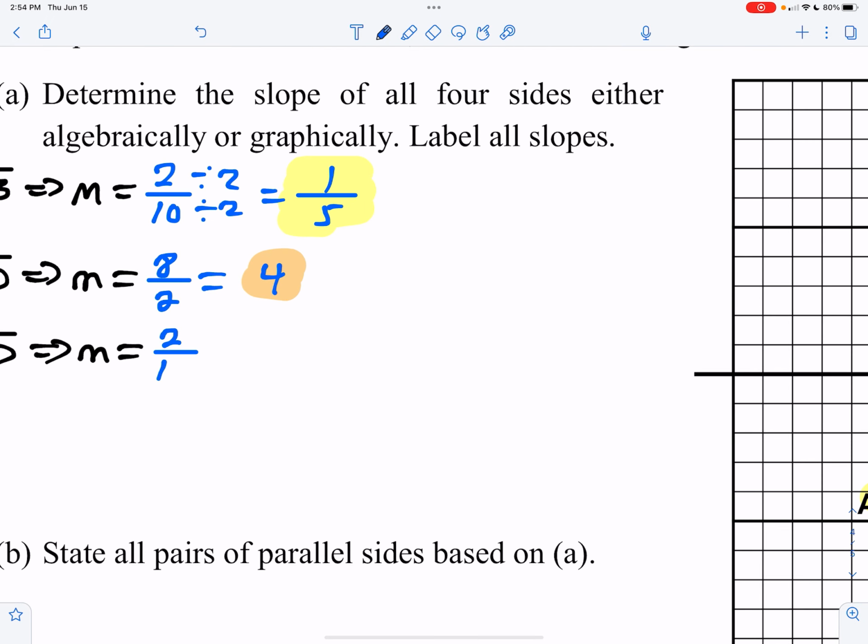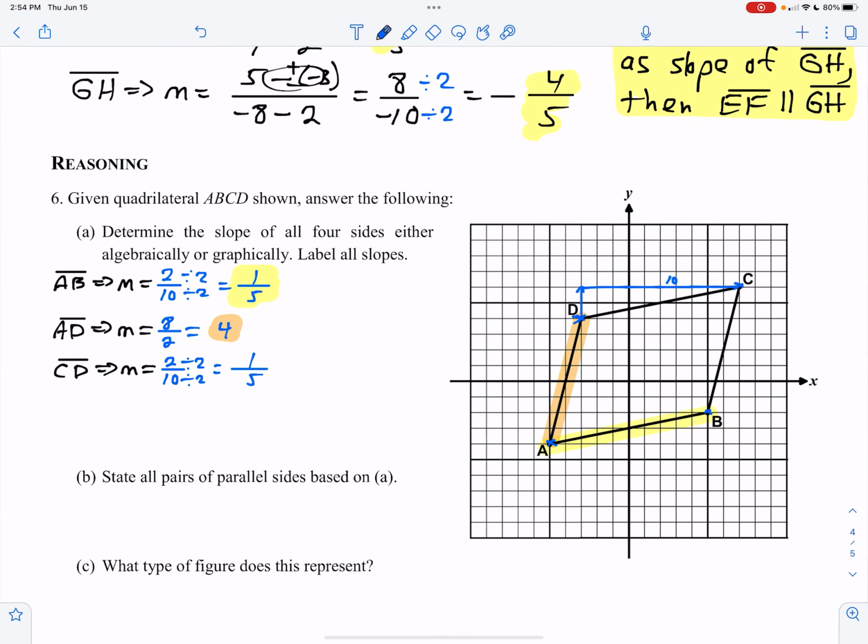Up 2 over 10. Again, if I divide both sides, I can see I have a slope of 1/5. I'll do that one in gray.